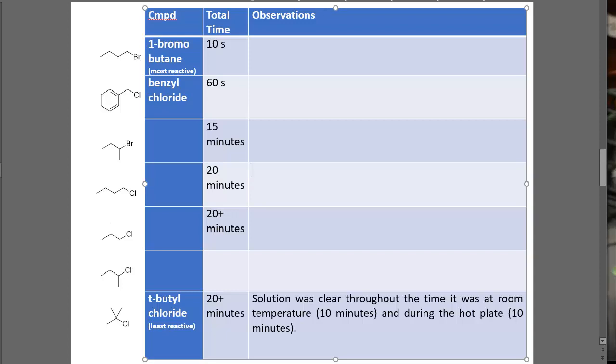So I'm not going to type in all these observations, but I'm just going to think out loud and type this one. So for 1-chlorobutane, there was no precipitate after 10 minutes at room temperature.